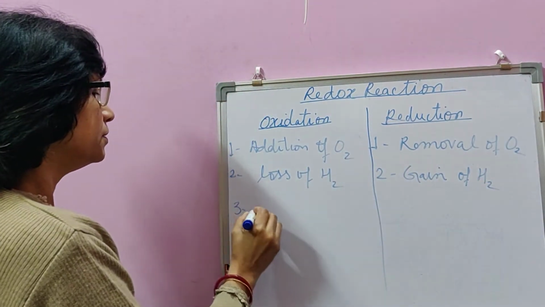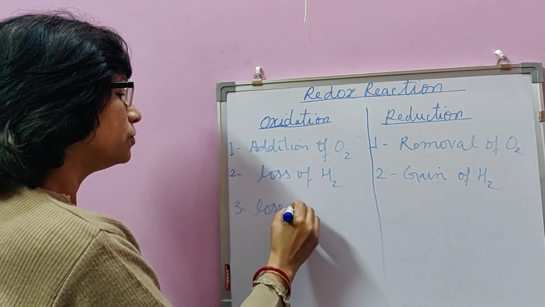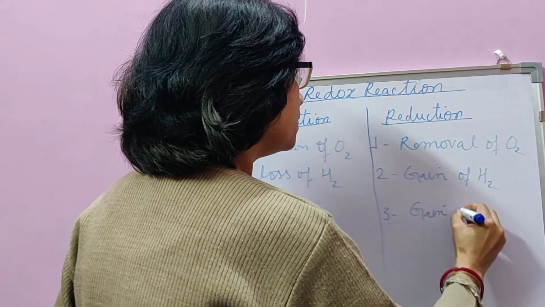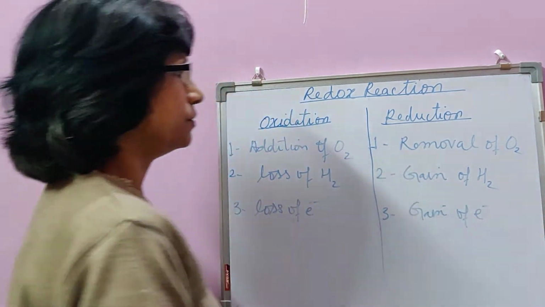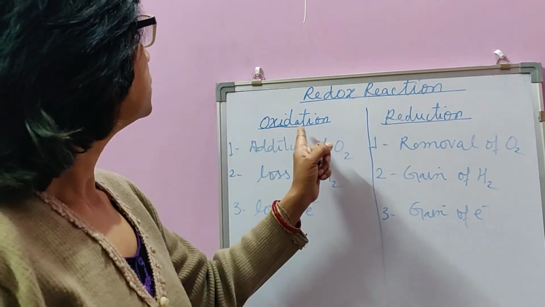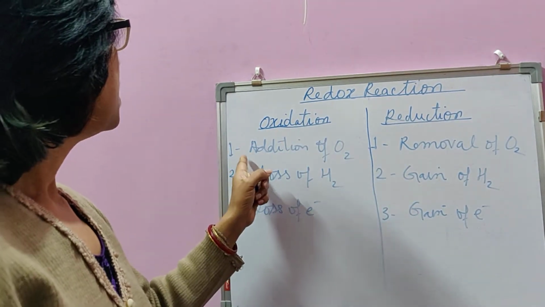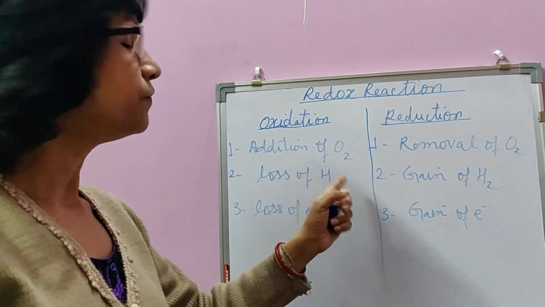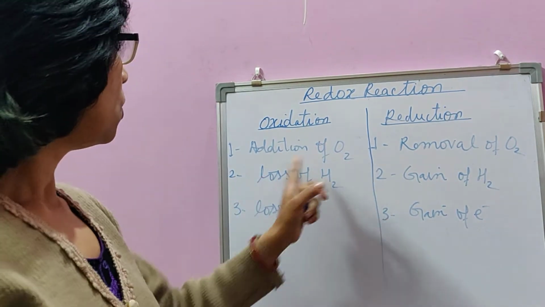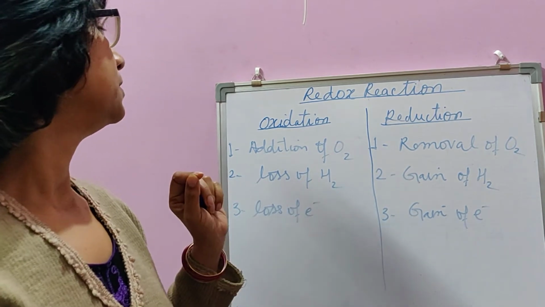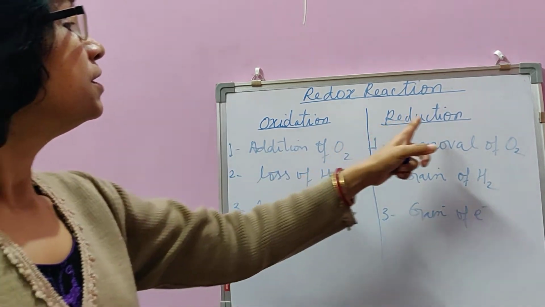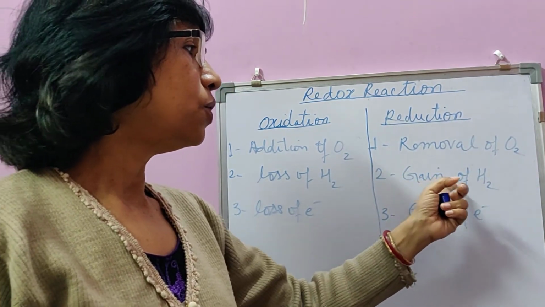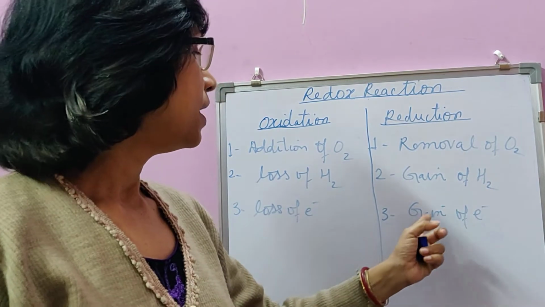Third, oxidation is loss of electrons and reduction is gain of electrons. Oxidation is a reaction in which either addition of oxygen takes place, or loss of hydrogen takes place, or loss of electrons takes place. Whereas reduction is removal or loss of oxygen, gain or addition of hydrogen, and gain or addition of electrons.